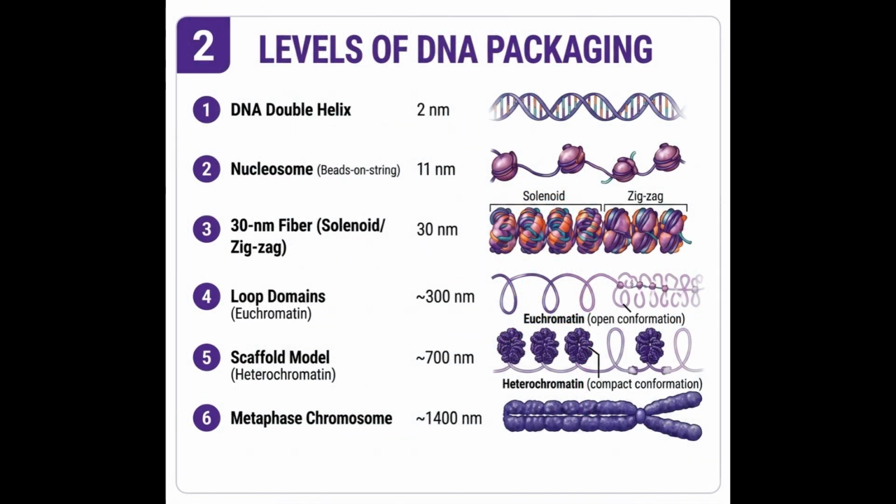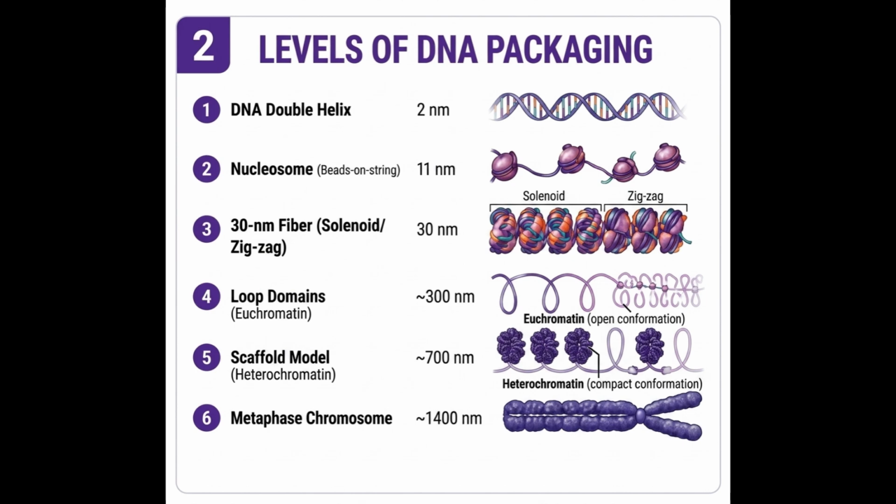Levels of DNA packaging. DNA packaging occurs in multiple hierarchical levels. First, the DNA double helix has a diameter of about 2 nanometers. This DNA wraps around histones to form the 11 nm beads-on-string structure. Further folding generates the 30 nm chromatin fiber.